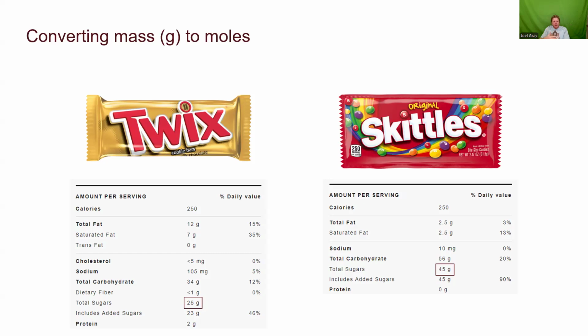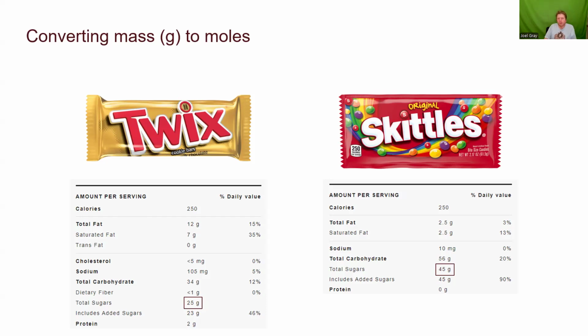Now, sorry for yawning, converting those masses to moles, well, let me go ahead and pull up, I'm going to operate under the idea that both of these have a sugar of fructose. Fructose has a molar mass of 180.1 grams per mole.